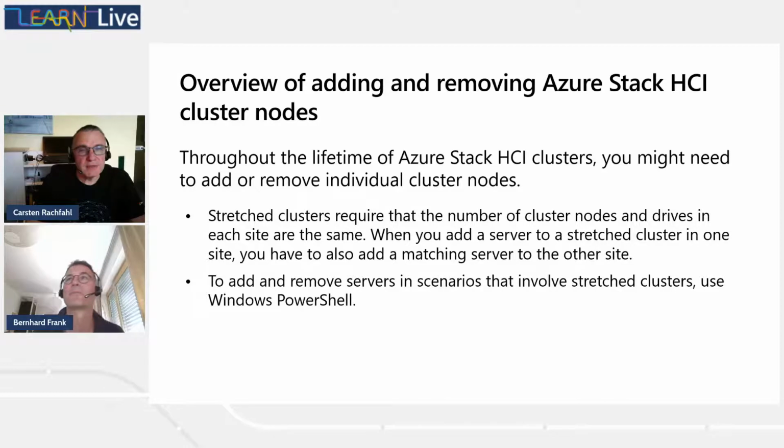Yeah. So okay, let's look a little bit into the stretch cluster scenario that you were talking about, because if I would remove or add a node to a stretch cluster scenario, would one node be enough? No. You have to add a node on both sides because we have to have the same number of nodes on every side. You can't do three nodes on one side and two nodes on the other.